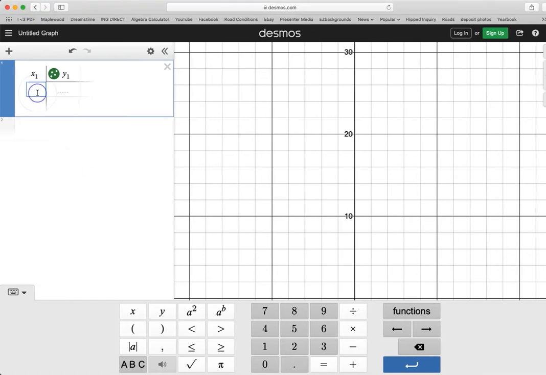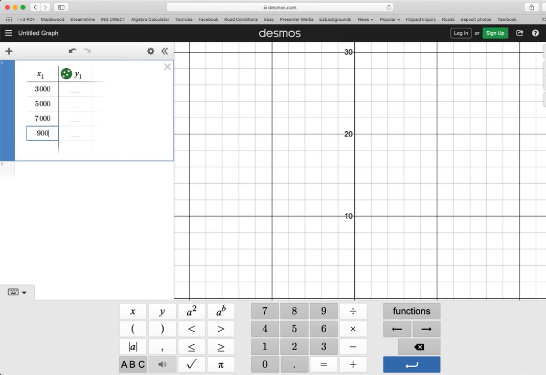And we're going to type in 3,000 for units sold, 5,000, 7,000, 9,000, and 11,000.